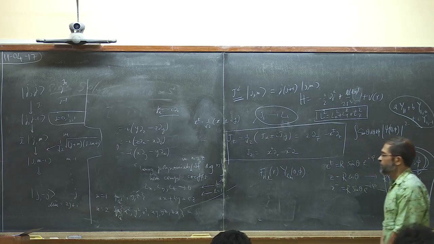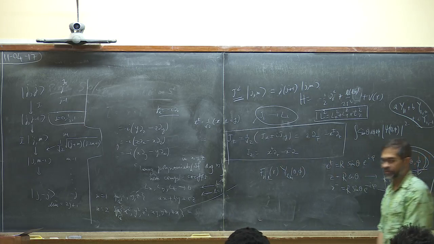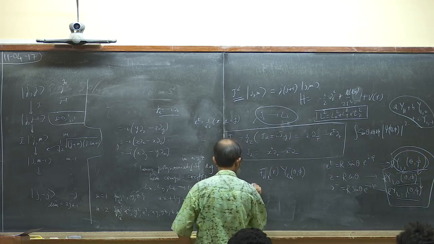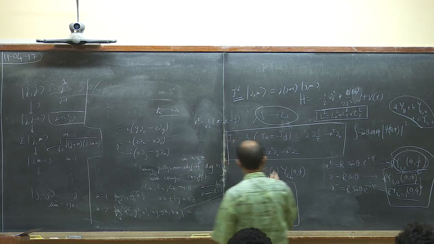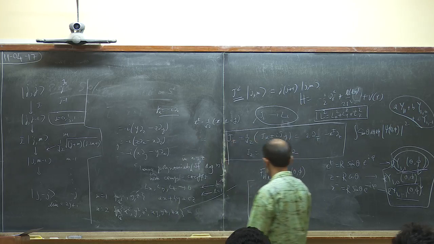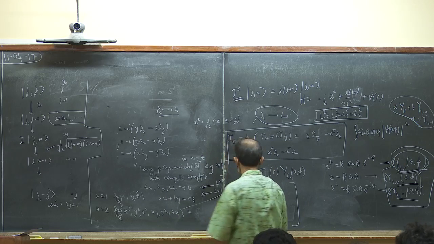So the entire Hilbert space for the particle in the presence of a central force will become split into something coming from the n guy. So you know the structure, how it goes.